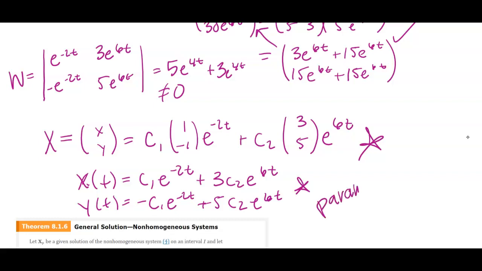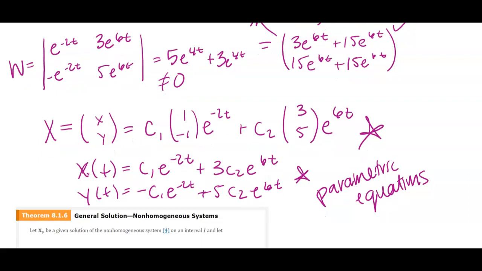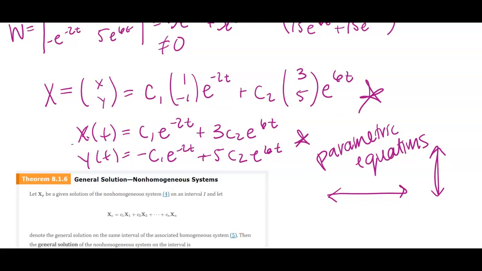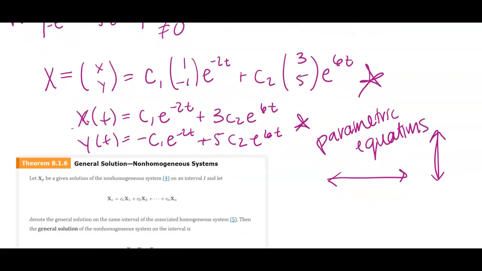So x of t is moving in this direction, y of t is moving in this direction. And you'd have an entire phase portrait that you could look at, depending on which direction you are looking at for these two functions.